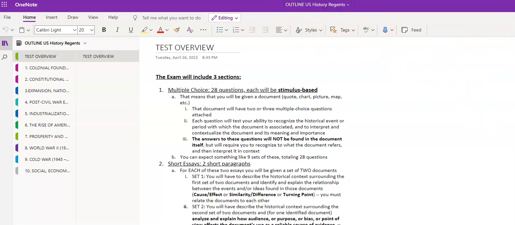The Outline of U.S. History Regents is simply reproducing for you, with very few notes, the outline as given to us by the state of New York. In other words, this is the official outline of United States history as they offer it. It's very bare bones. It is not nearly enough to study from, but it does give you a general outline.